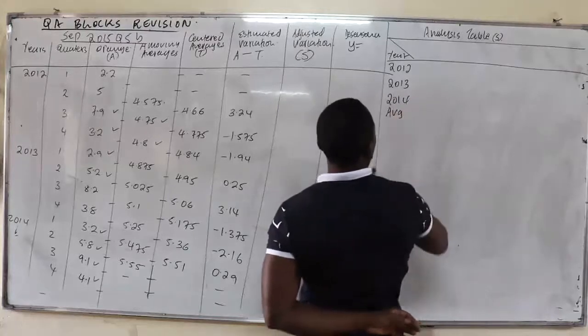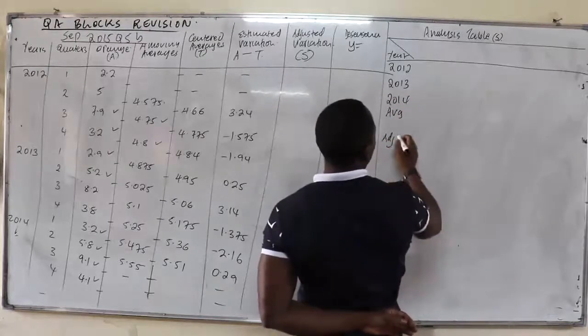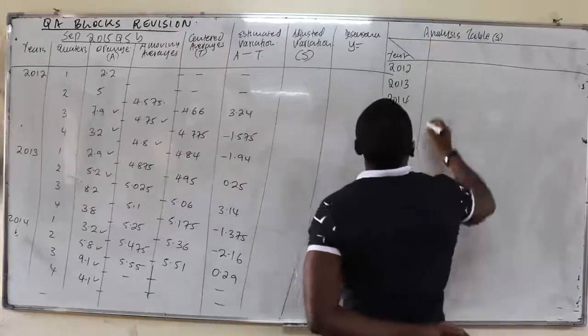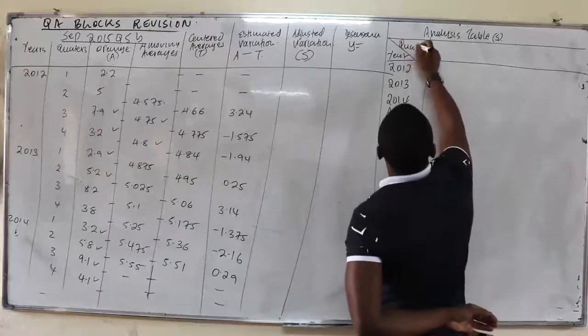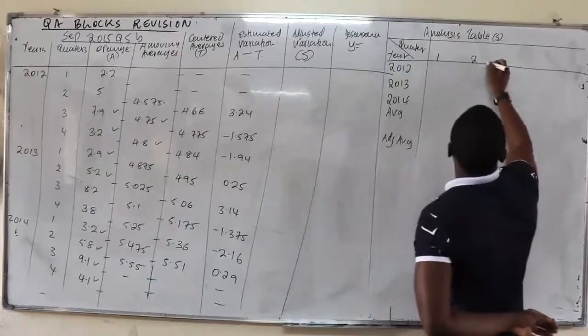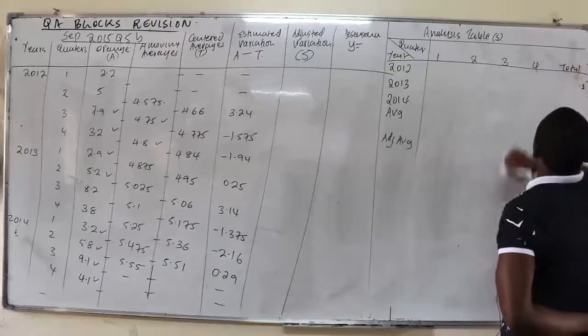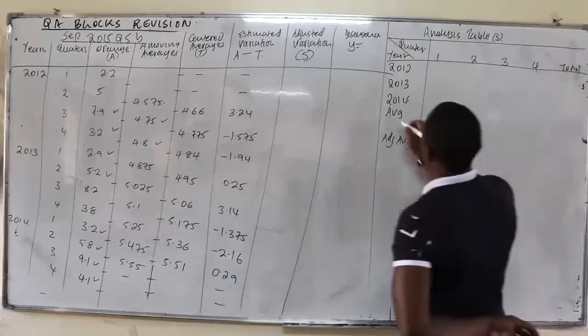Then you get the average, and then you adjust your average. Then you have your quarters, quarter 1, quarter 2, quarter 3, quarter 4, and then you get the totals.